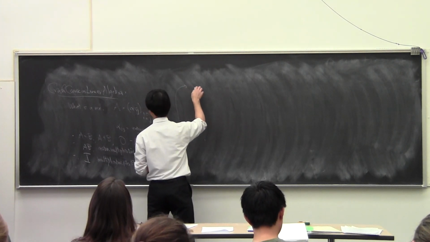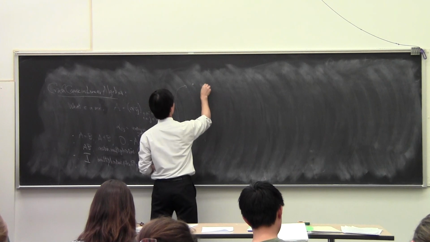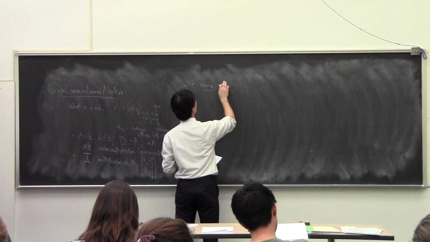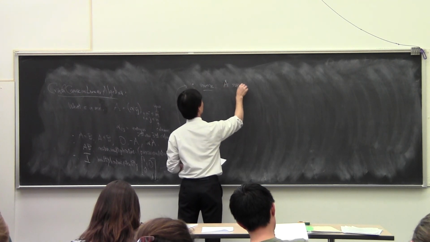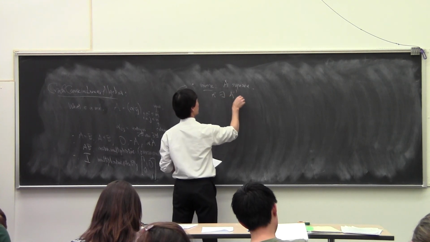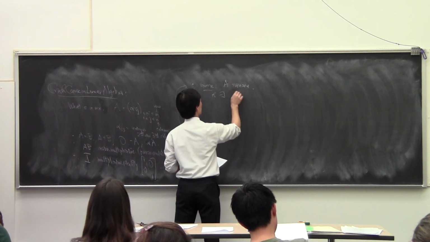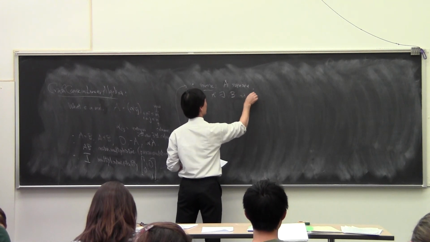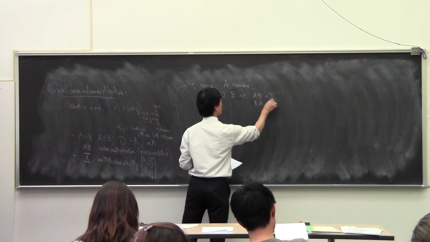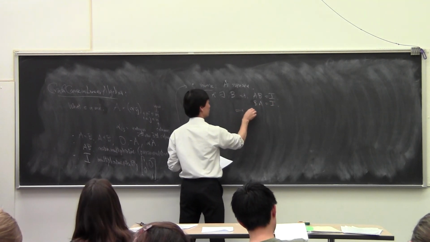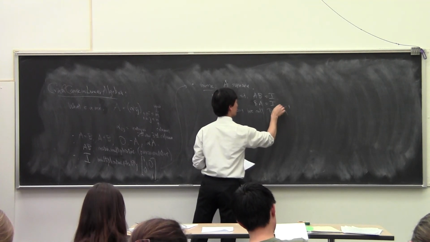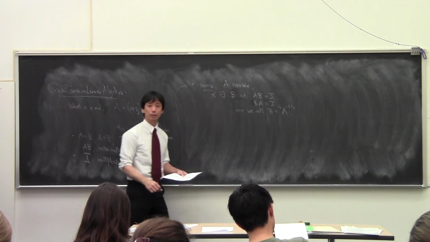Having a multiplicative identity gives rise to the notion of inverse. If A is square and there exists a matrix B such that AB is the identity and BA is also the identity, then we call B A inverse, the inverse matrix.